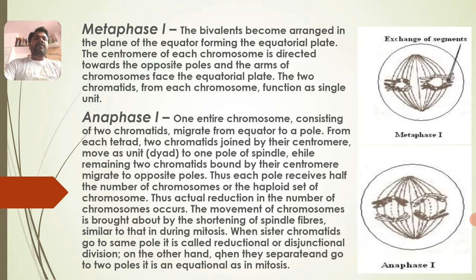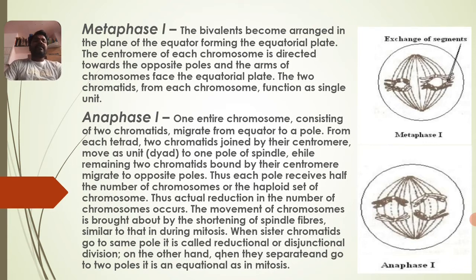The arms of the chromosomes face the equatorial plate, and the two chromatids from each chromosome function as a single unit. This is an important thing. The two chromatids from each chromosome function as a single unit, meaning they are a single chromosome here. These are the events that take place during metaphase 1.